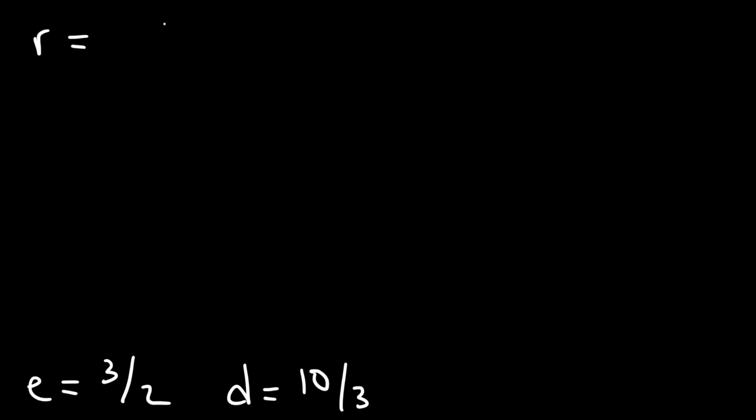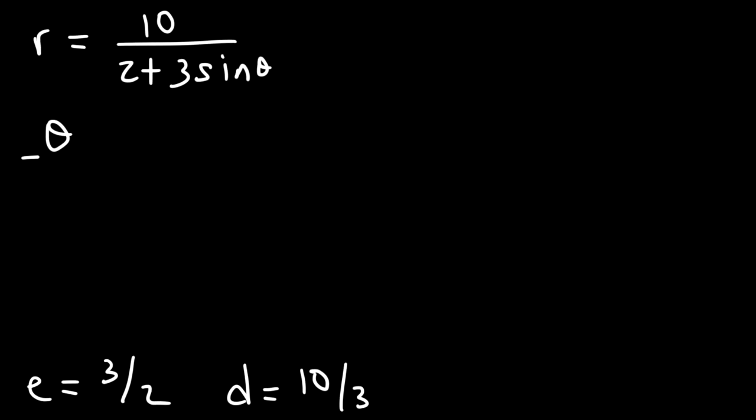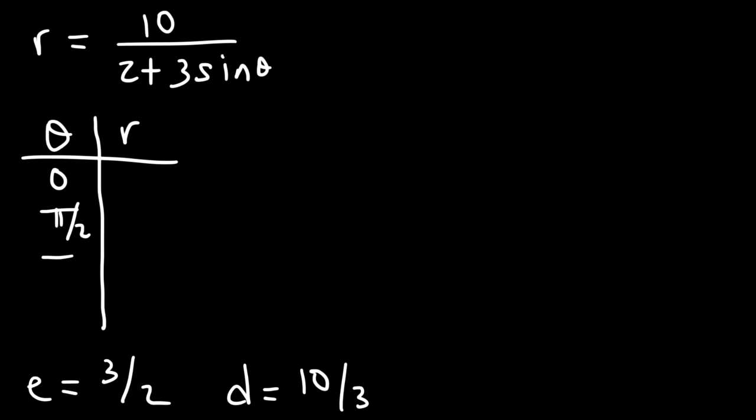So let's go back to this equation. r is equal to 10 over 2 plus 3 sine theta. So let's get all 4 points: 0, pi over 2, pi, and 3 pi over 2. So when theta is 0, what is r?